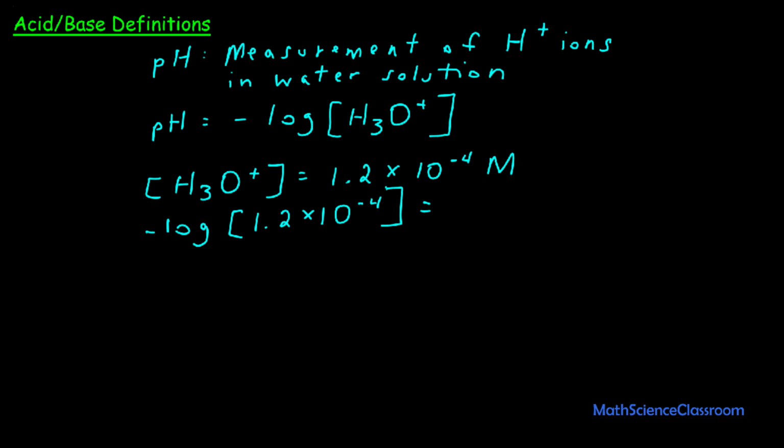And that is a pH of 3.92. And notice that because it's a logarithmic measurement, it is a dimensionless value. So the pH is 3.92.